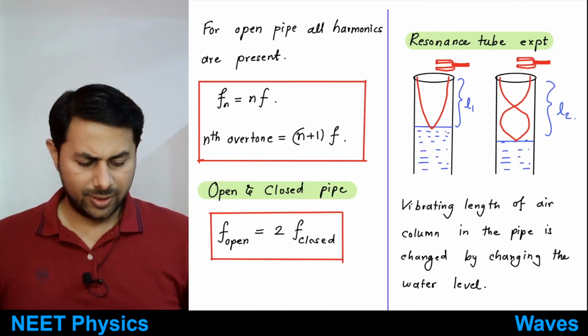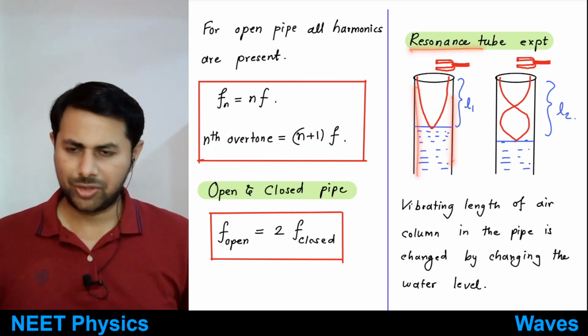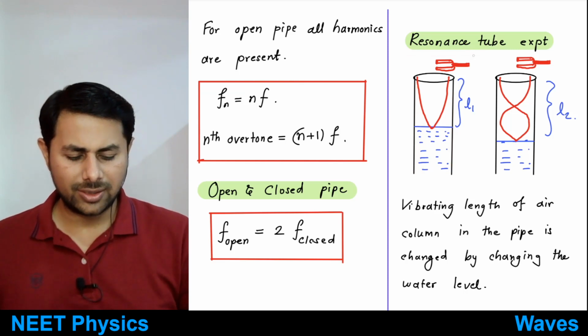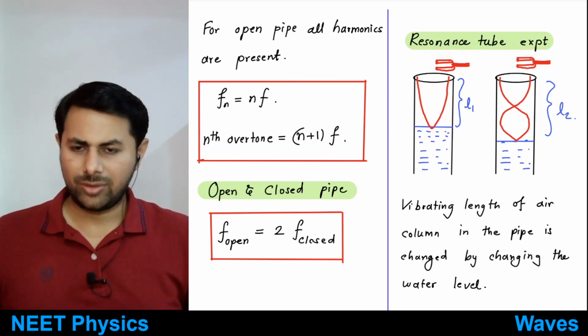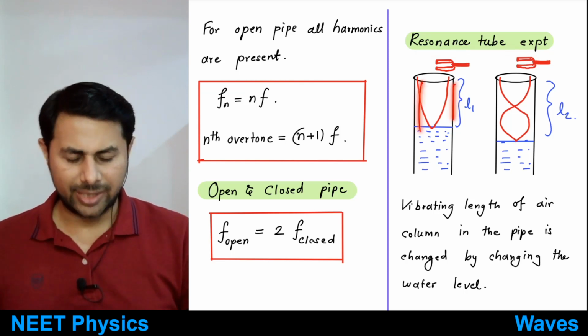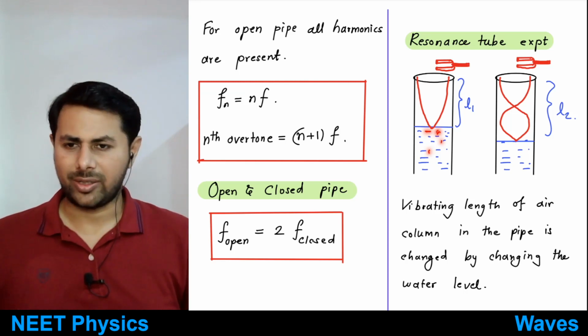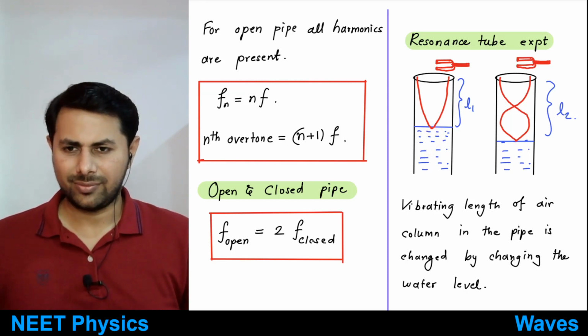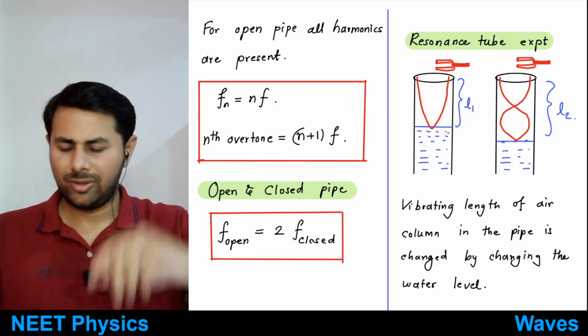So then there is an experiment based on this, which you might have seen. It is called the resonance tube experiment. So what do they do in case of the resonance tube experiment? There is a tube or a pipe which is partially filled with water, and then you take a tuning fork and you make it vibrate.